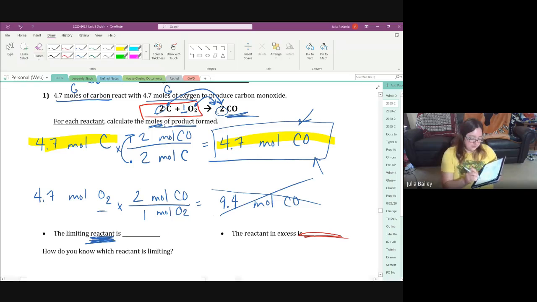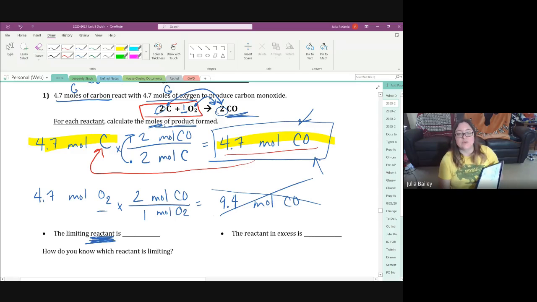So what you do is you look at this number you boxed, that is how much you're actually going to make, and then you go backward and look at what you started with to get that. The carbon is what I started with to get this 4.7.